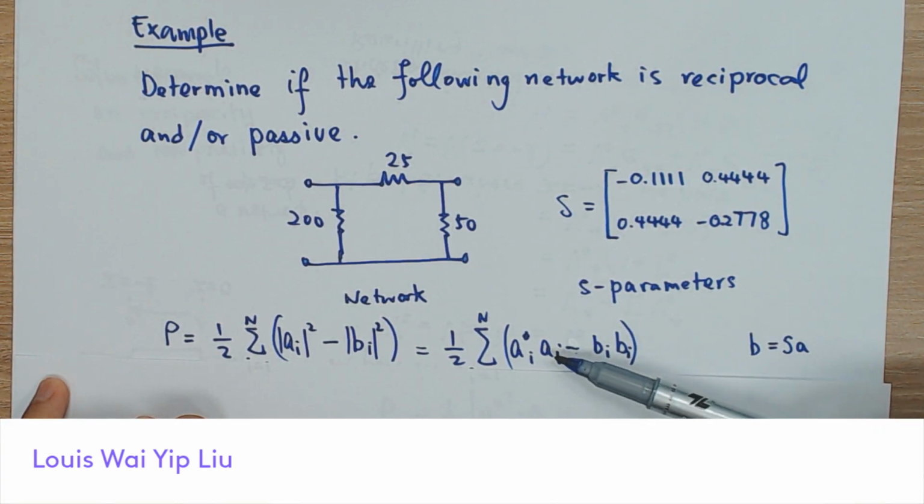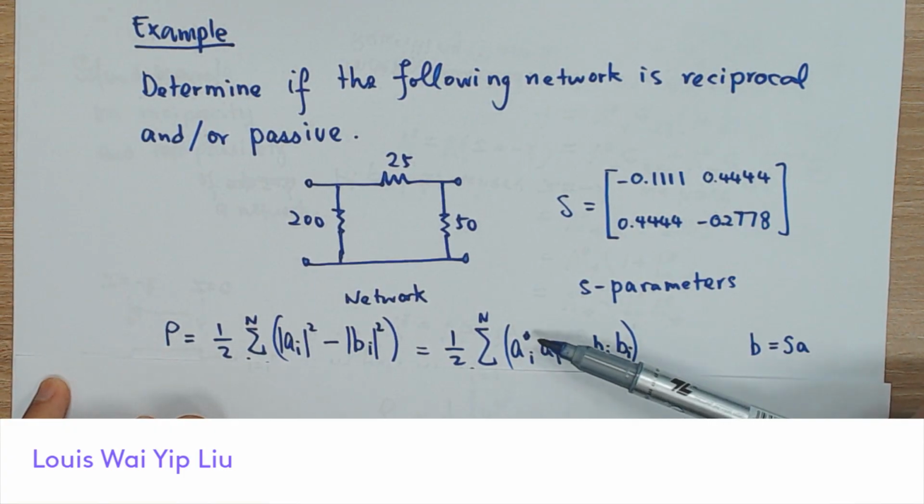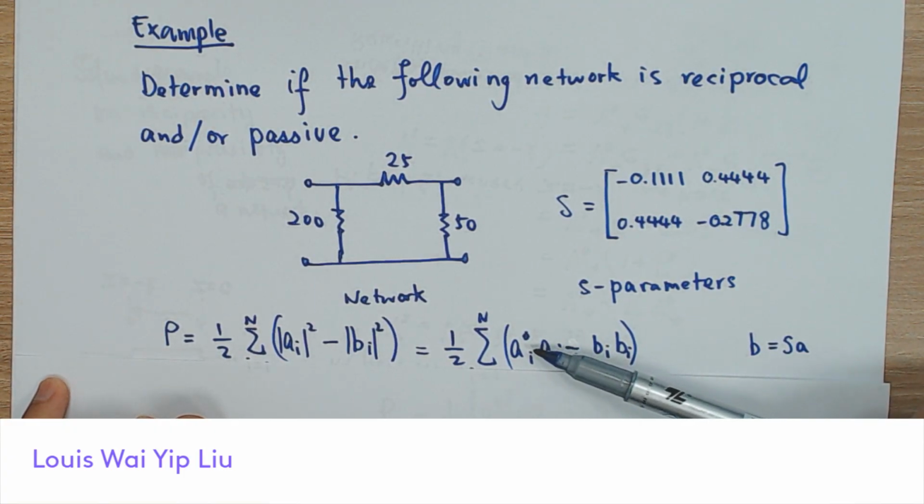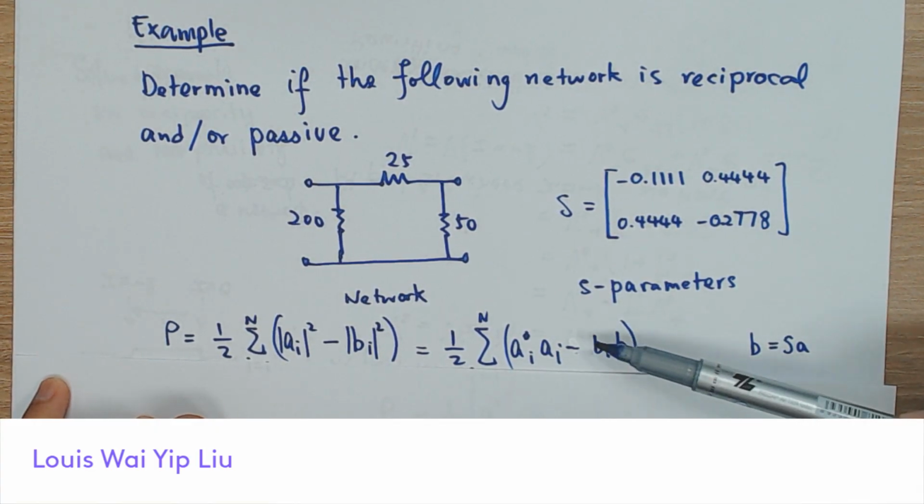The magnitude squared can be written as the product of the conjugate of A times the value A. Similarly, we can do the same for B. So this is what we get.